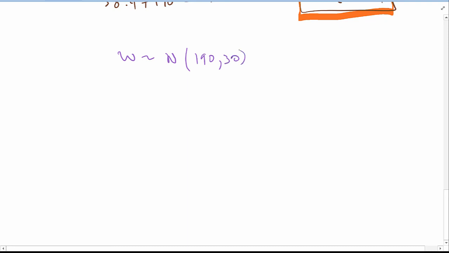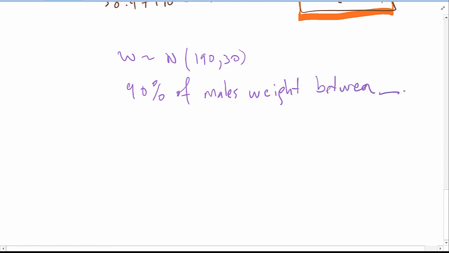And now what we want to know is 90% of males weigh between this value and this value. So fill in the blank. Now we want to get this symmetric interval where we're going to find 90% of the weights of adult males in the United States, right? So now we're not looking for one X value, we're looking for two. If we graph this thing, these are the weights.